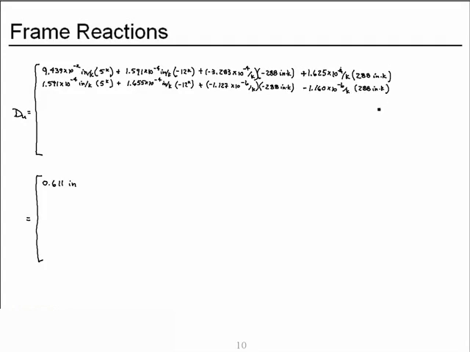And when we put those together, we get a negative 0.001 inches.